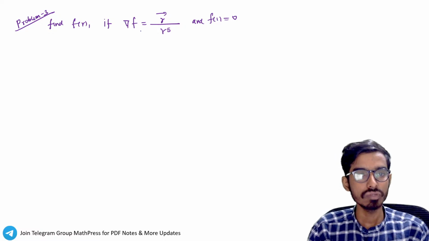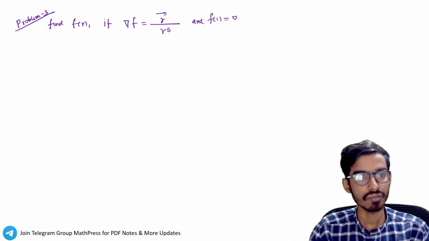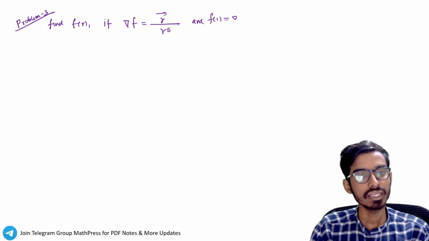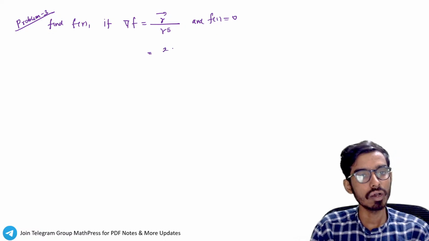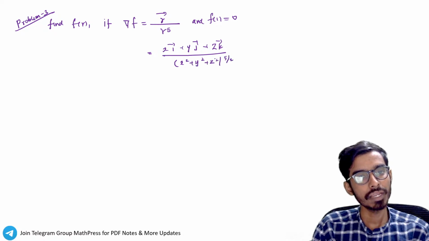Actually you can do this in two methods, but the first method will take so much time. For example, if you try to convert this to xi plus yj plus zk, usually we will have something into i vector, something into j, something into k. Because r is xi plus yj plus zk, and this will be x square plus y square plus z square whole power 5 by 2, since r is x square plus y square plus z square whole power 1 by 2.